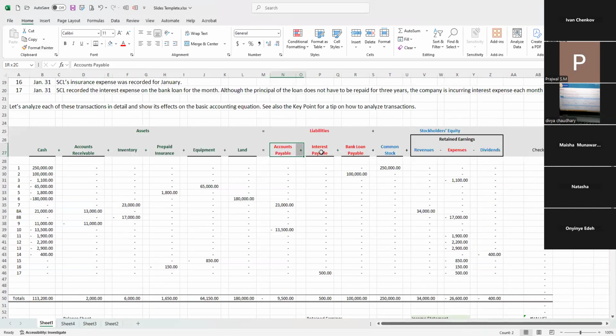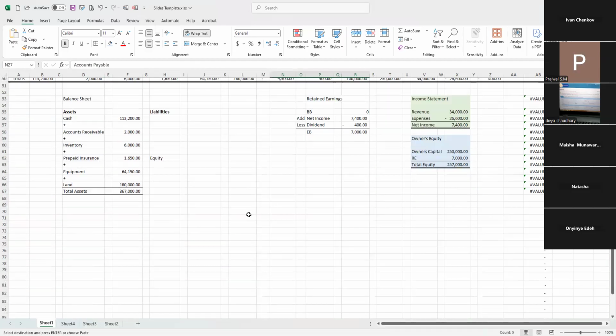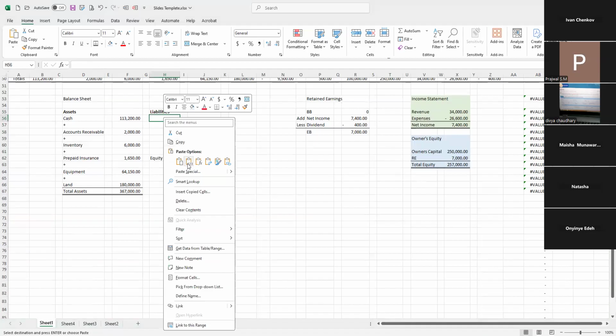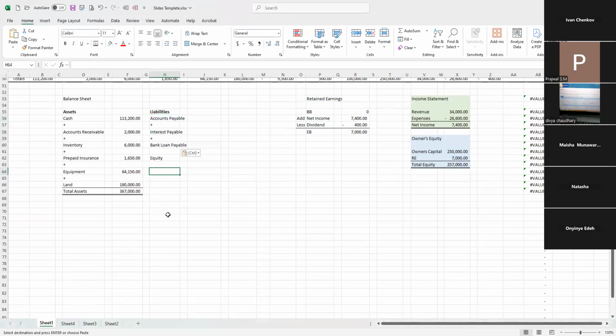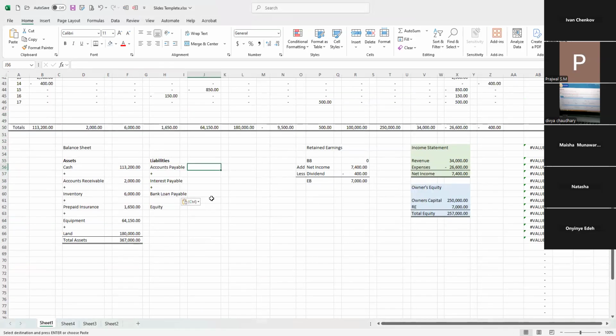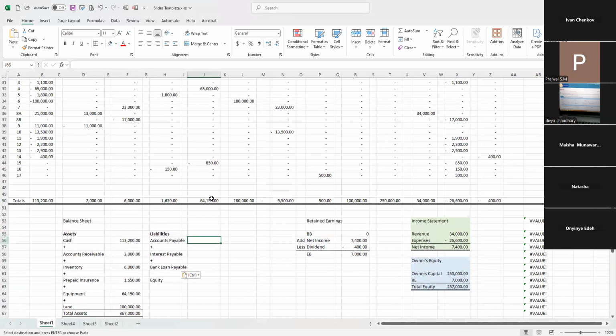Now let's see our liabilities. How many liabilities do we have? Three. Let's copy accounts payable, interest payable, and let's put it here. Paste special, values, and transpose. Boom. How much is our accounts payable? 9,500. Interest payable? 500. Bank loan payable? 100,000.